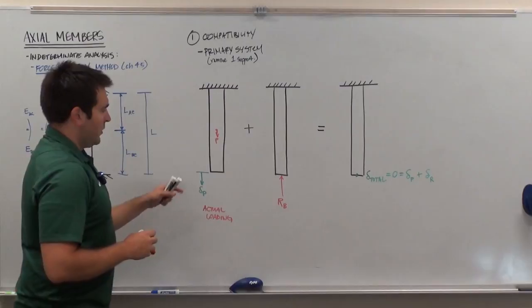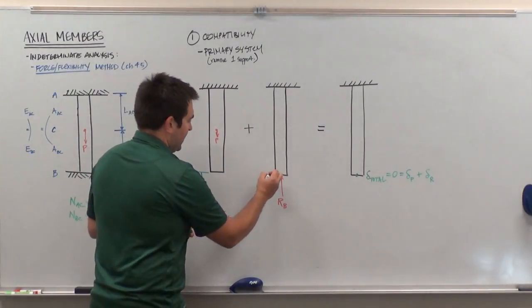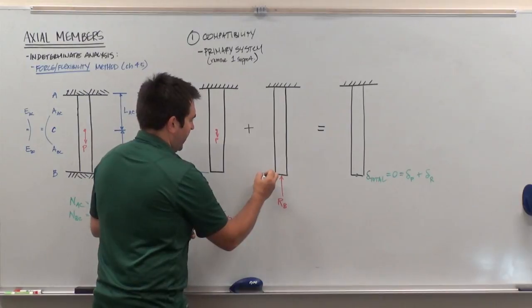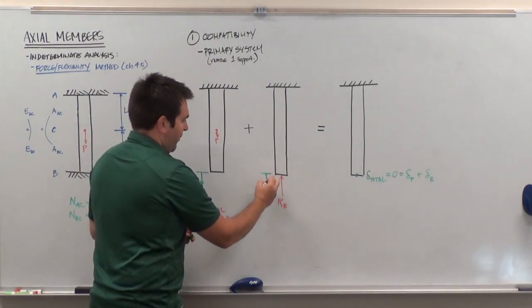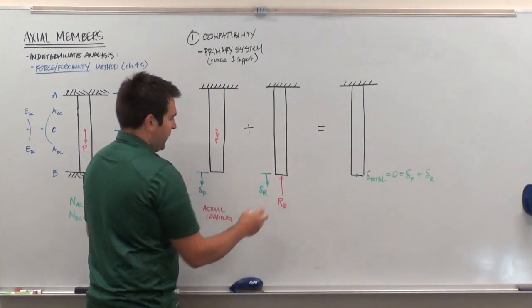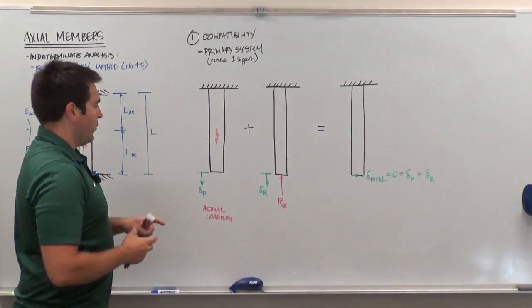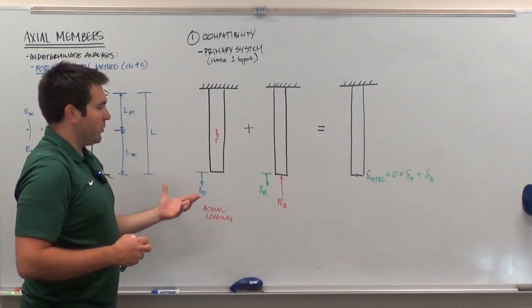Okay. And then we need to keep track of how much this will deflect. The deflection here, the way that I have it drawn, I need to keep track of how much this wants to get longer as well. That could be a little bit confusing. The point is that when these two add up together, they need to equal 0.